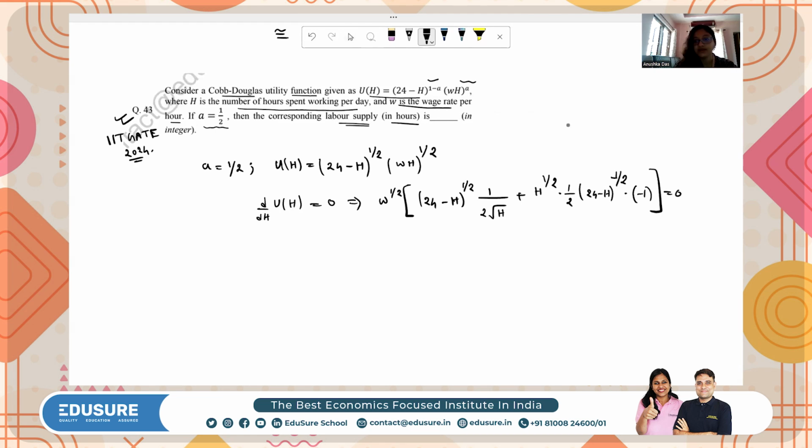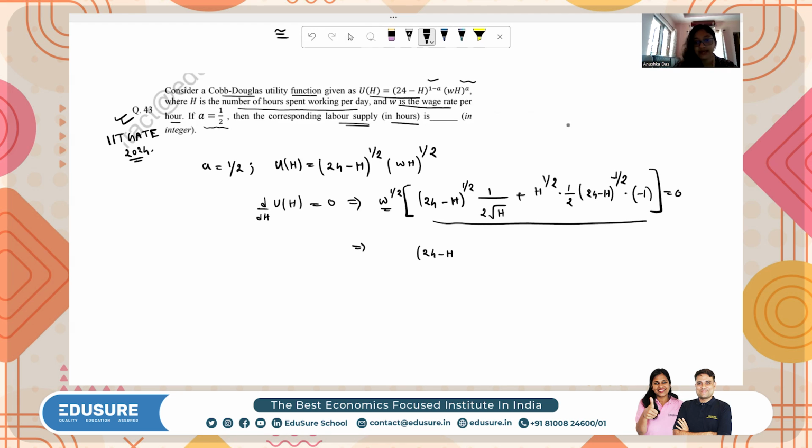Now this is the product of two terms, so either this can be 0 or this can be 0 to make this entire thing 0. But this is the wage rate. We assume that wage rate is not equal to 0, so this term here has to be equal to 0.